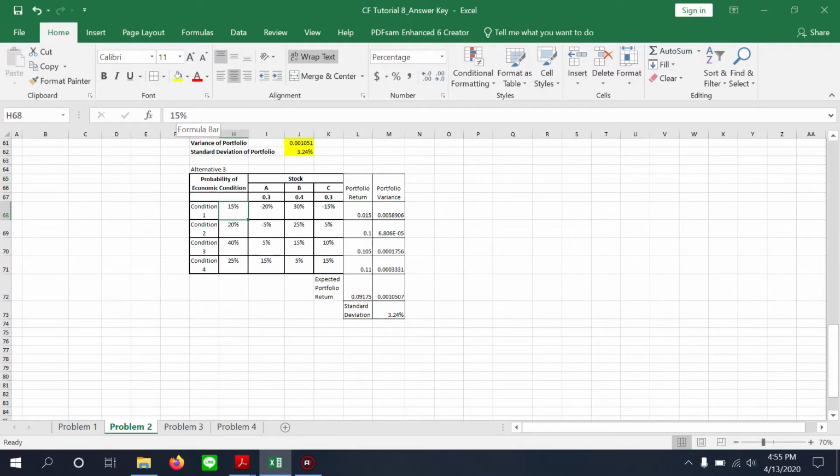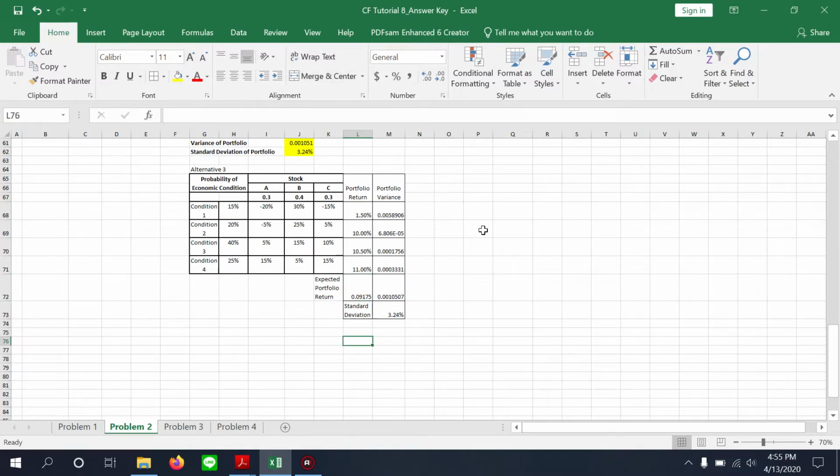If this is condition 1, what is the expected return of portfolio? It is 0.3 times minus 20, 0.4 times 30%, 0.3 times minus 15. You find all of this, so you find the portfolio return from each of the conditions.